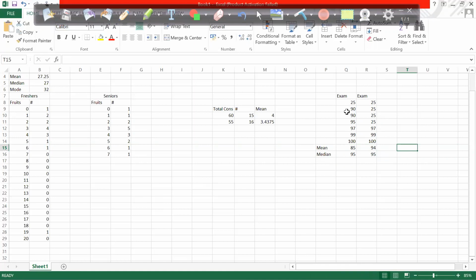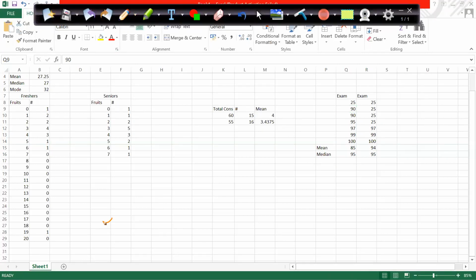If you see here, mode is also not impacted, right? 90 is the mode, so it is also on the higher side. Now, to help you understand, let's say I have data distributed like this. Here I have 25 marks, here I have 100 marks, and this is how my data is. It's a normal distribution. We'll talk about normal distribution in detail.